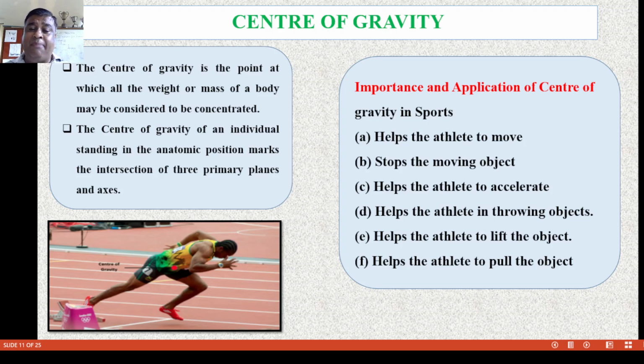The important applications of center of gravity: we'll discuss them one by one. It helps athletes to move faster and stop moving objects, helps athletes to accelerate their body, to throw their objects properly, to lift objects with proper weights, and also to pull any type of objects.